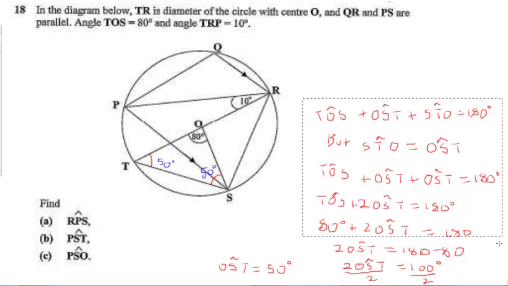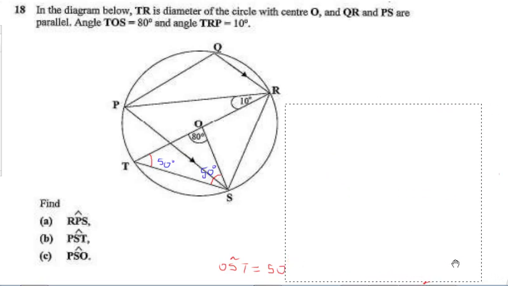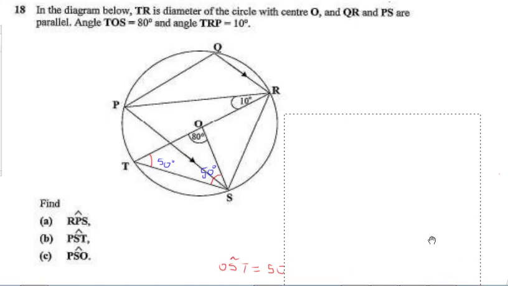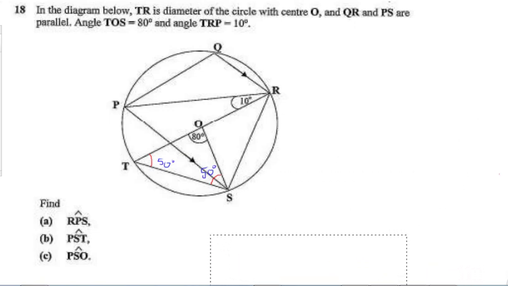What else can we calculate? What else can we find? So we've got that, and if this is 80 degrees and this is a straight line, it means we can find what angle is on this other side of the 80 degrees.